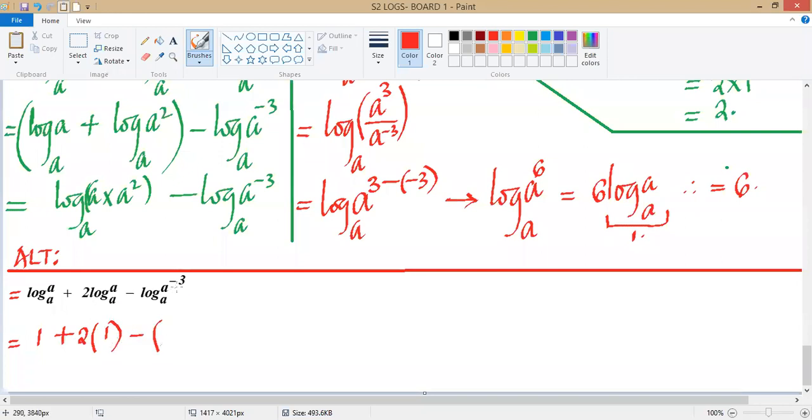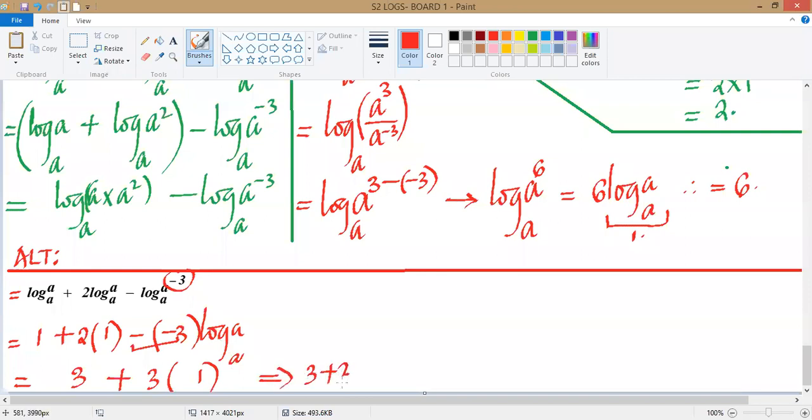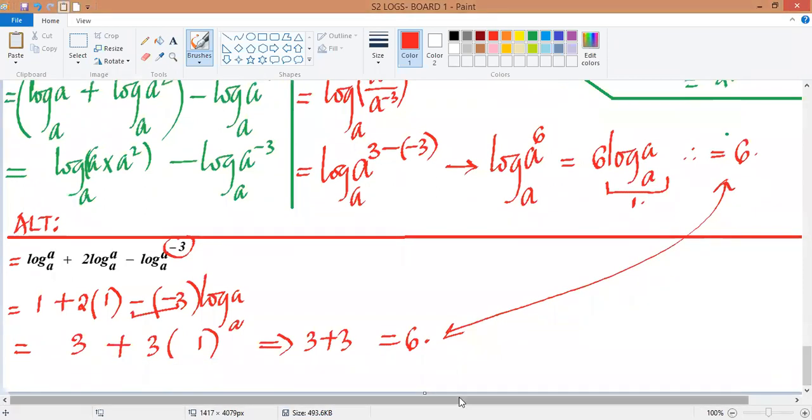Then minus that -3 can drop, and it leaves you with log a base a, which is 1. So 1 plus 2 is 3. With that negative, we get a positive 3. Log a base a is 1, which still gives you 3 plus 3, which is 6, the same answer. So you can get the same answer since the question was looking at same quantities, though unknowns.